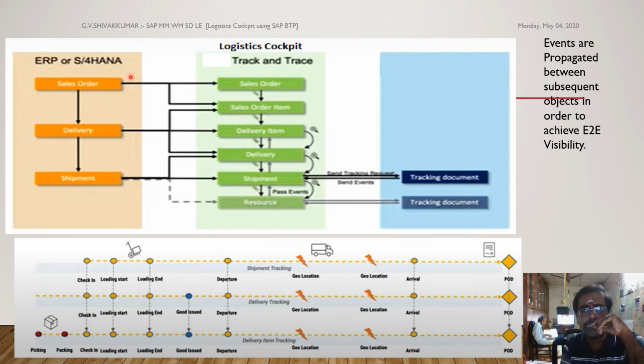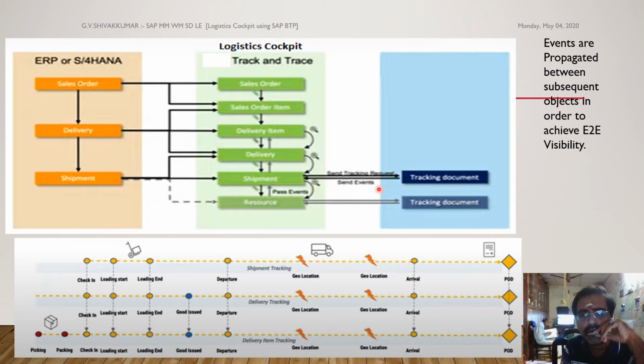In ERP or S/4HANA, you create the sales order followed by the delivery followed by the shipment. Between sales order creation and delivery, in the logistics cockpit track and trace, we need sales order creation, sales order response, then delivery creation, delivery processing, and then delivery picking, packing, loading, and outbound delivery PGI, and then shipment point, shipping, transportation.